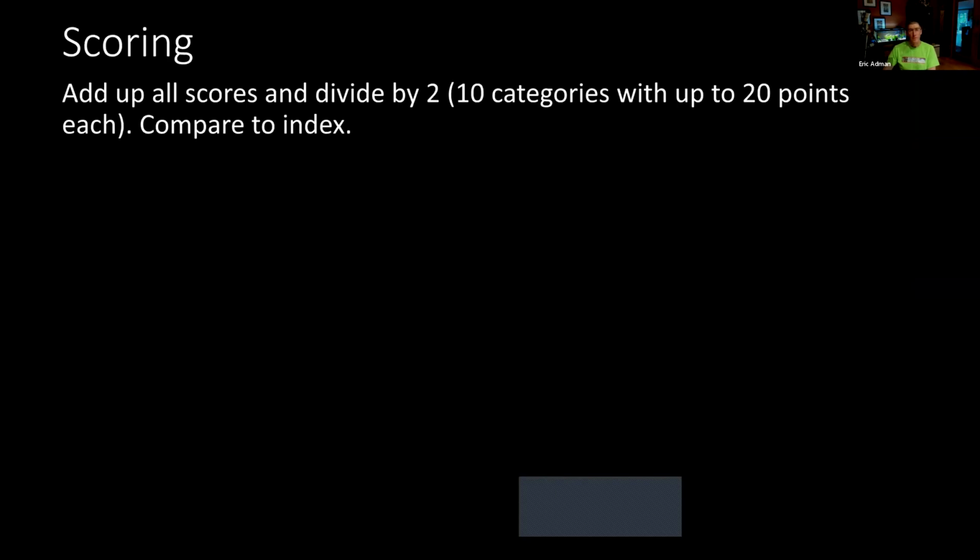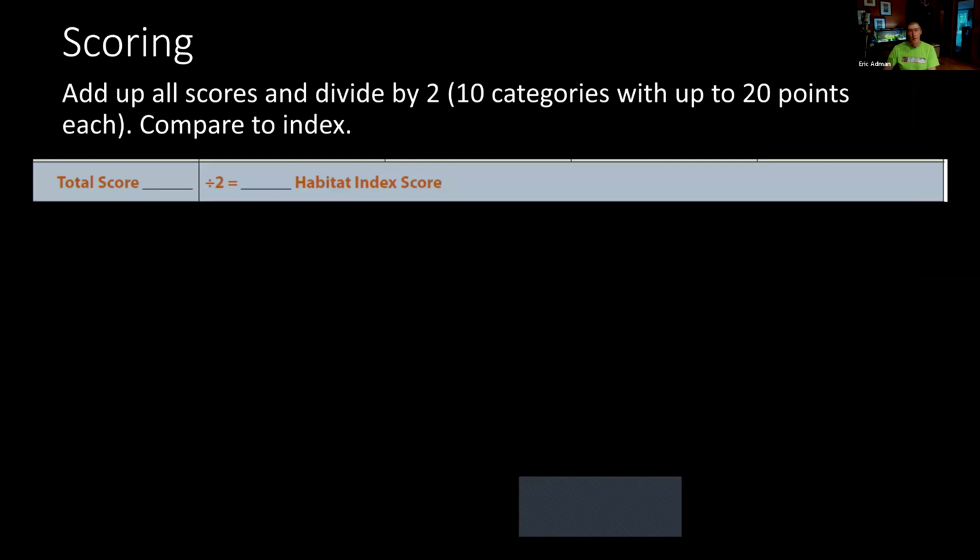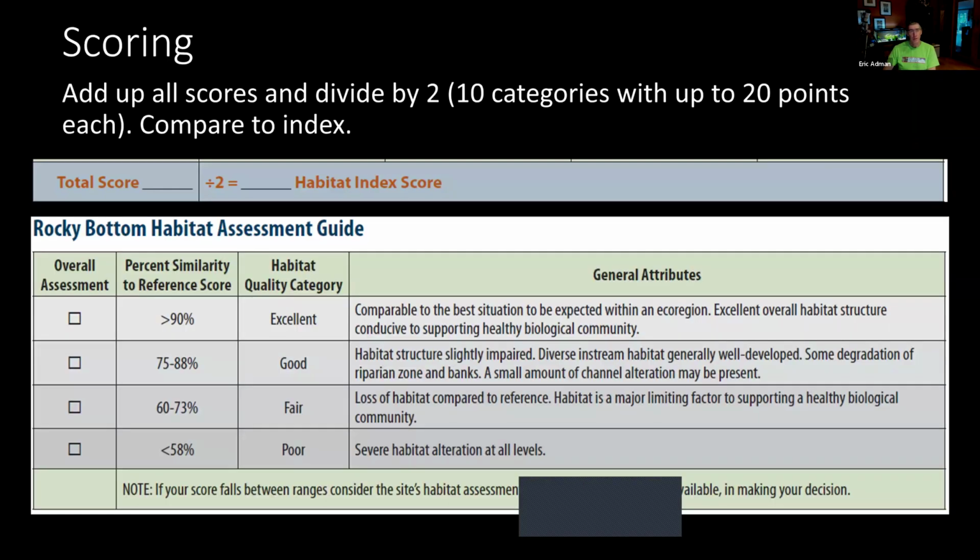So you take all these factors, and you come up with an index score. Ideally you would have a reference score for the best possible habitat in this area, what you call your ecoregion.